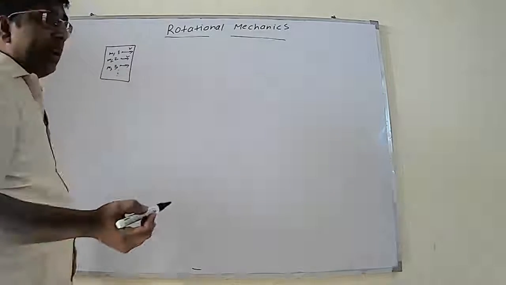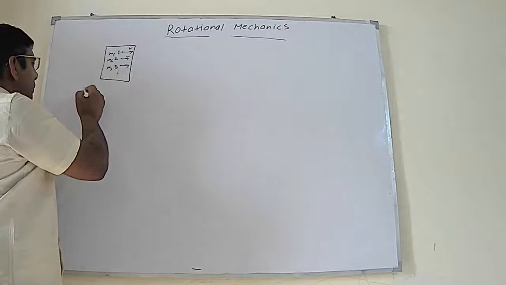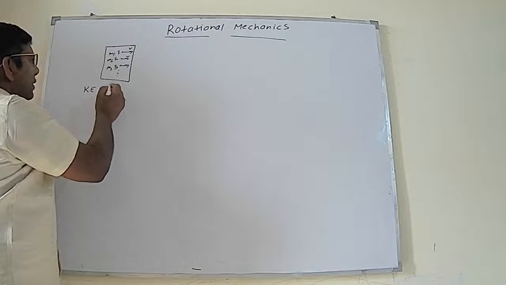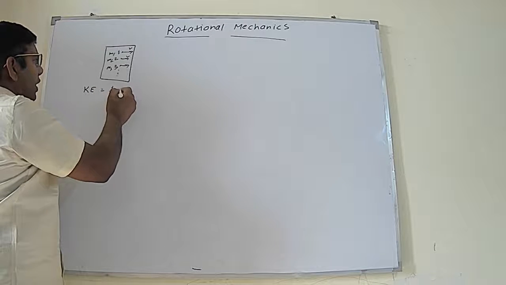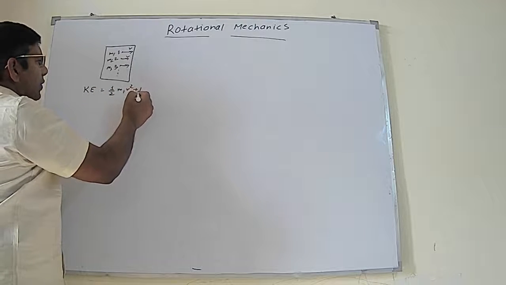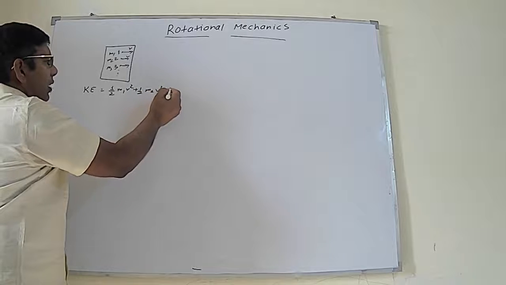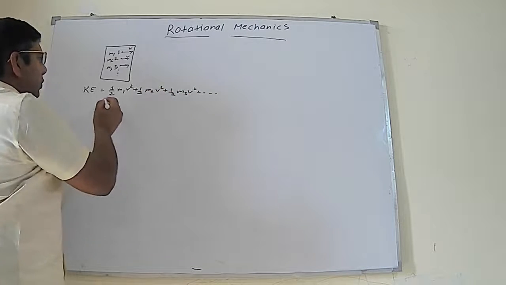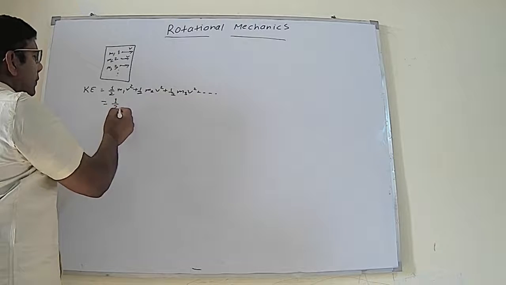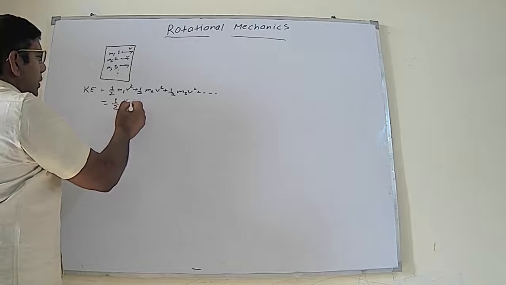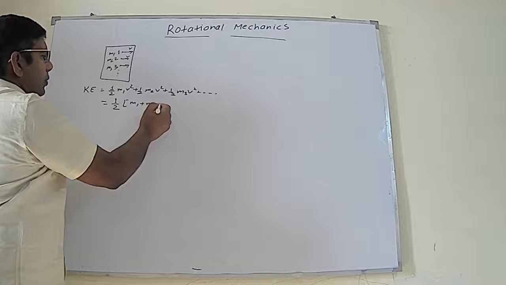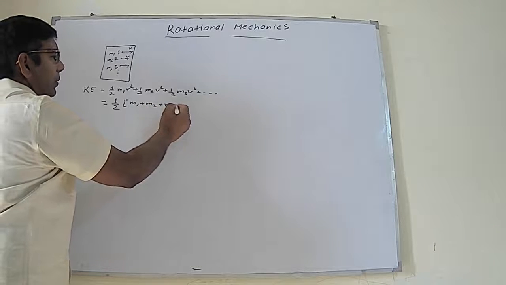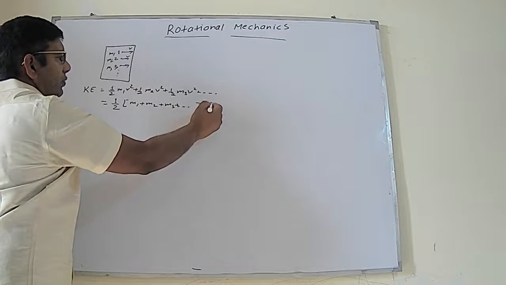So what will be the kinetic energy? We know it's very simple. It's half m1 v square plus half m2 v square plus half m3 v square. So we can write this as m1 plus m2 plus m3, times v square.